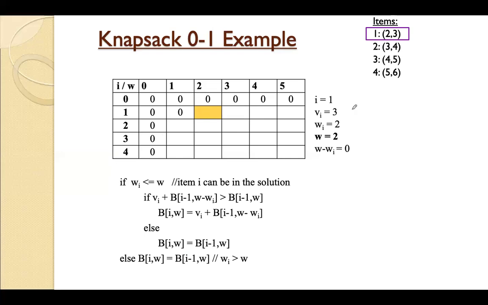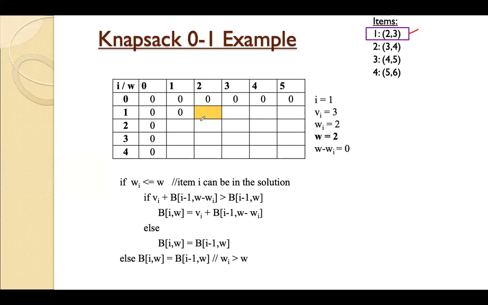We are in the same first row, so the I value will be 1. When I is 1, we are considering just the first item. I is 2 means we consider both items. I is 3 means 3 items. I is 4 means all 4 items. Now we are just considering the first item.